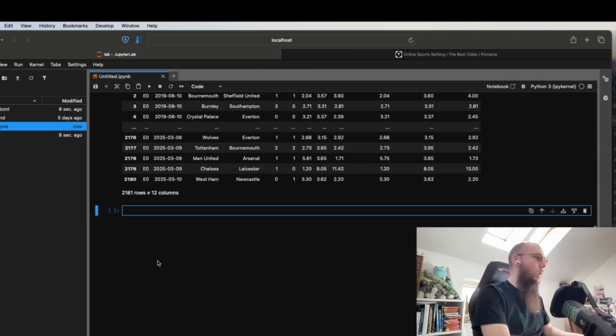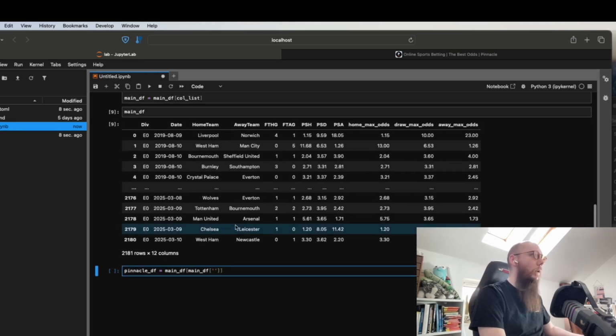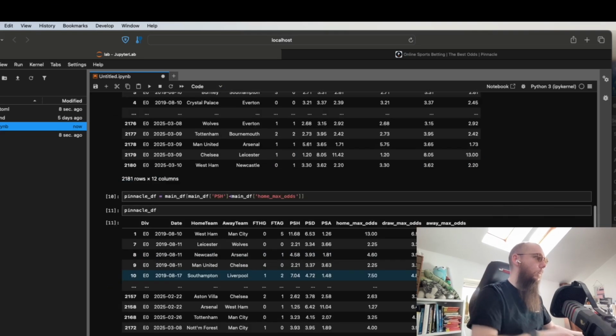Let's call this the Pinnacle DF. So pinnacle_df is equal to main_df where main_df, and this is an index statement in pandas, this is how they are structured, we now put our condition in. We want to know when PSH is less than main_df home max odds. So let's look at that, and now let's open up Pinnacle DF.